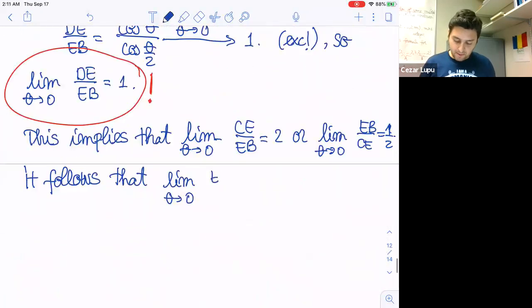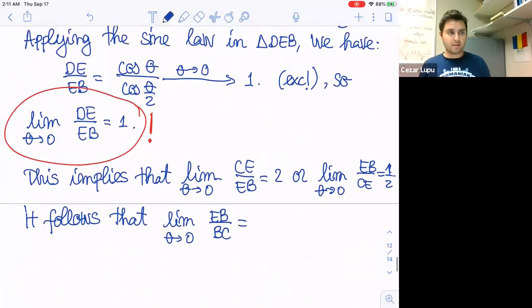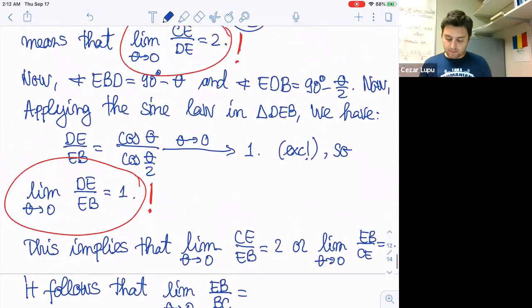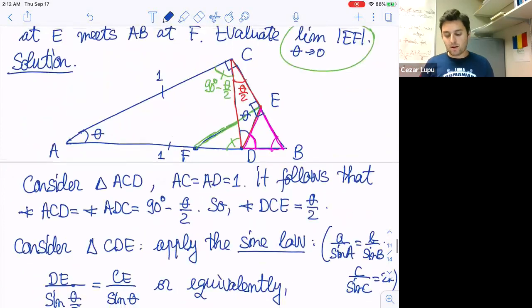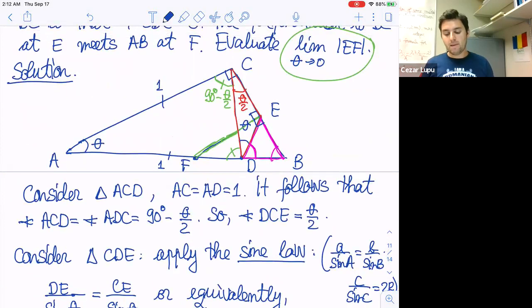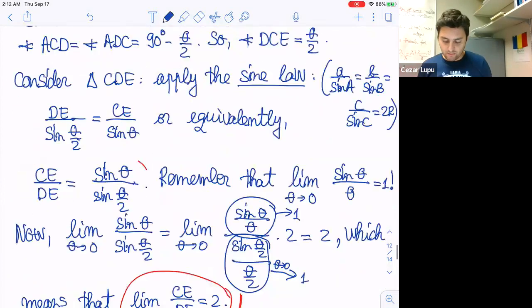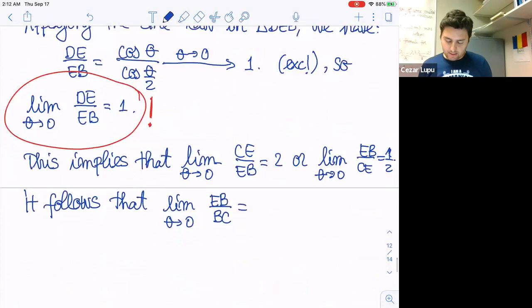Well, it's easy to see this one because you can always write BC as EB plus CE, and you know what happens with the ratio of this. So I'll leave it to you. It will follow that this would be 1/3. And I'll leave it to you as an exercise to check this.